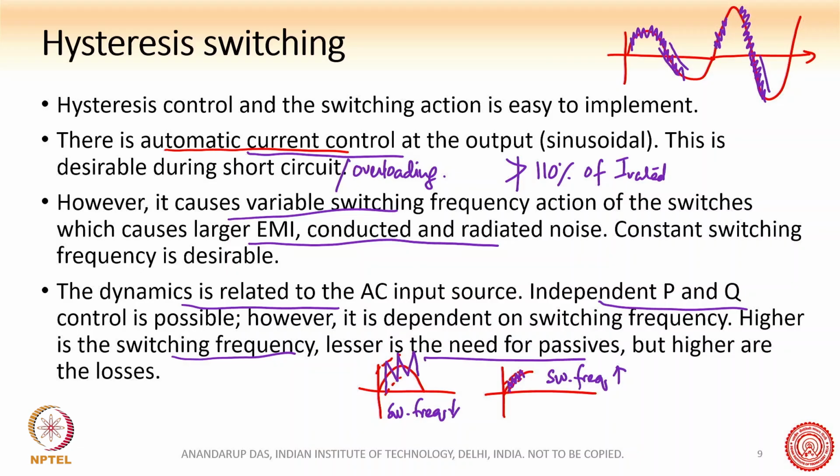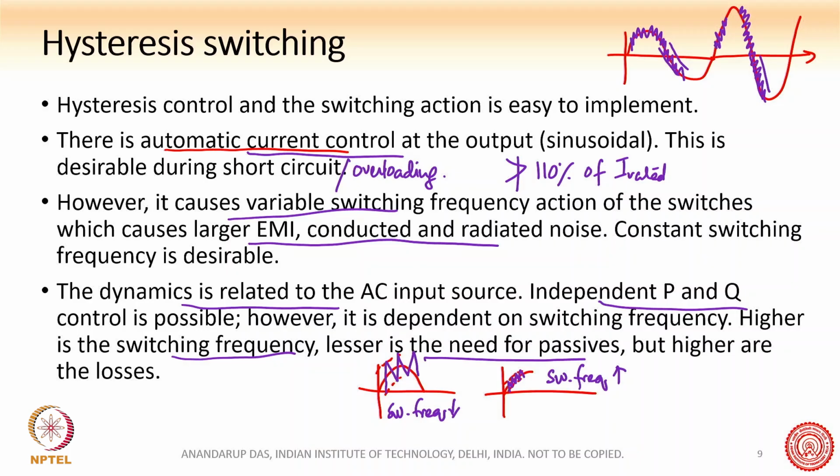If you make your band very small, then you are very correctly tracking the difference. If you make your band wider and wider, suppose a very common example is that you make the band plus minus 5%. The total peak to peak change is 10%. So this is very standard.